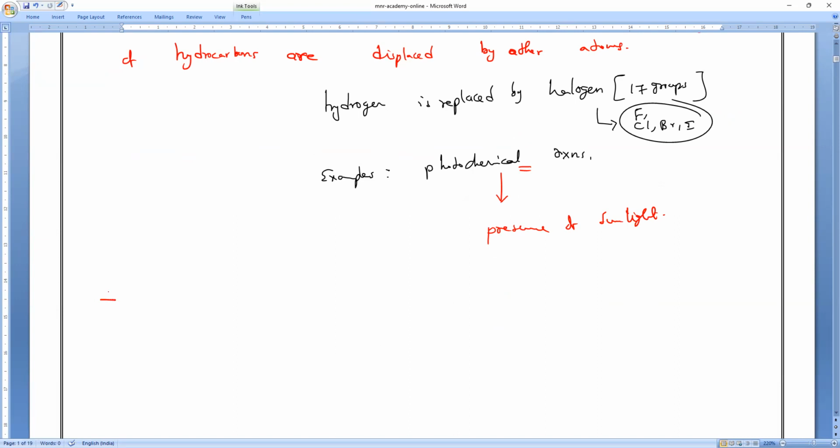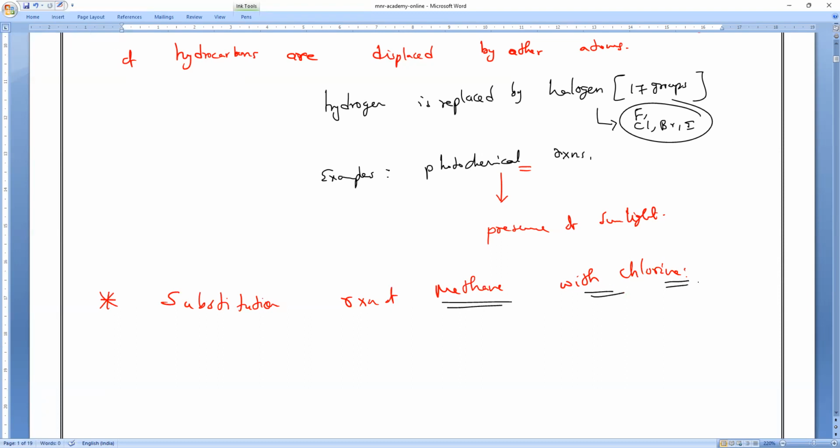First example: substitution reaction of methane with chlorine. You write it. Substitution reaction of methane with chlorine. The most important reaction, used to be asked more than 15 times in the board exam, but still many people don't know the common name. Extremely important equation.